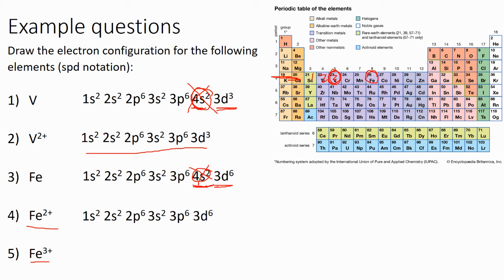For the first one, we've got rid of the 2 electrons. It's lost 2 electrons, so it's got a charge of 2+, and so we've left out 4s2. If we need to lose another electron, we simply take it from the d orbital. It's another valence electron, and it's 3d5. So those are the electron configurations for iron 2+ and iron 3+, the two oxidation states of iron.